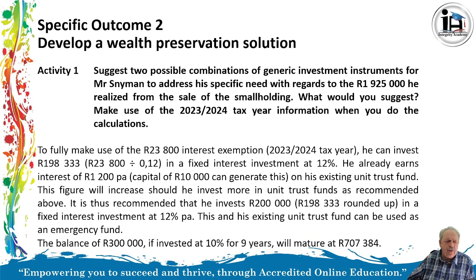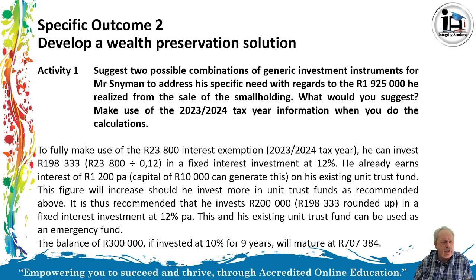Right, so to fully make use of his 23,800 interest exemption for the 23-24 tax year, he can invest about 200,000. Let's make it 198,333. Let's see if we divide that amount through 3. 23,800 divided by 0.12 in a fixed interest investment at 12%.